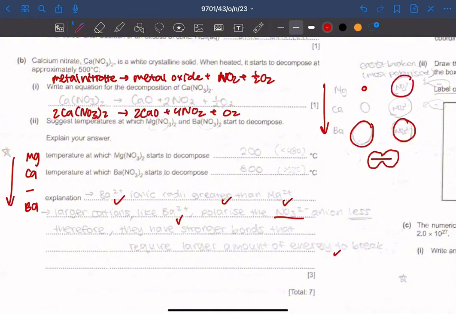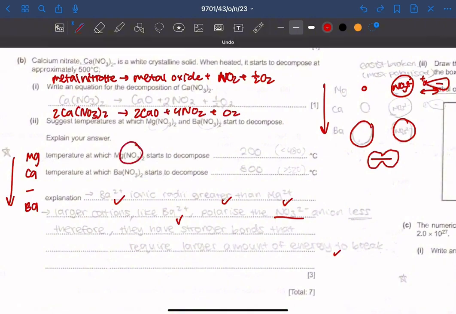Meanwhile, for Mg, a very large difference in size causes very much polarization to occur, and this causes bonds to break easier, and therefore a lower temperature is required to decompose Mg(NO3)2 compared to Ba(NO3)2.